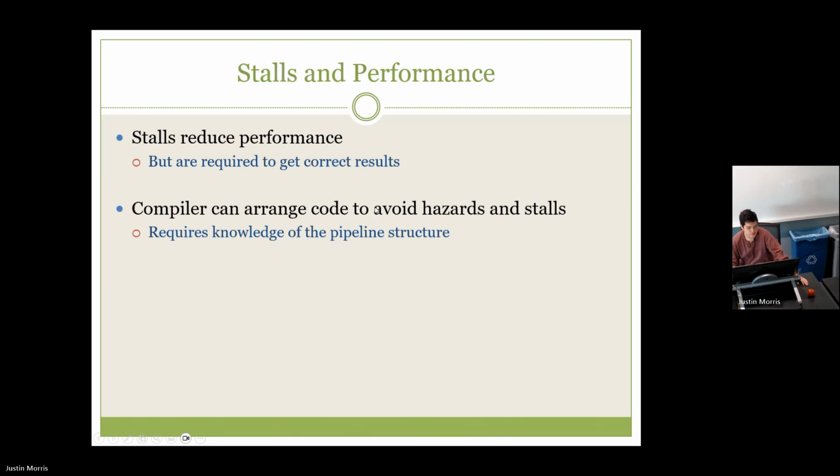So if the compiler knows about this, it can detect that there's a dependency, and it can try and rearrange the code such that it finds an independent instruction to put in between the load word and the dependent instruction of the load word. And then by putting that independent instruction in between, it's like we've stalled, but we're actually doing something useful in the meantime, right?